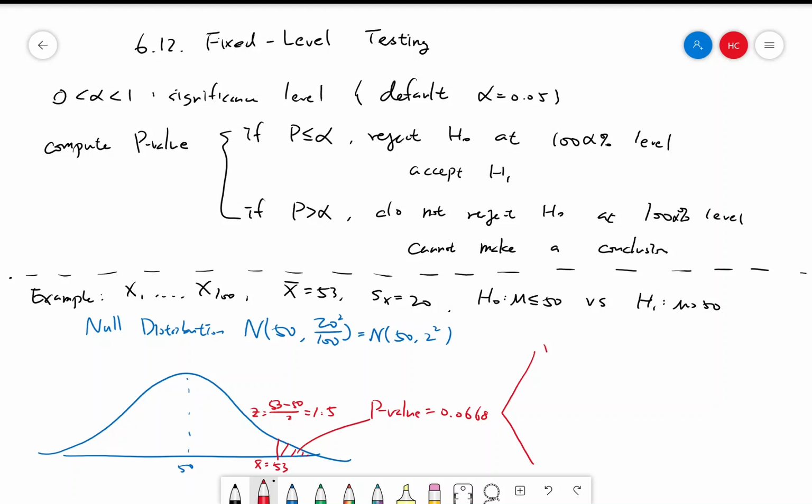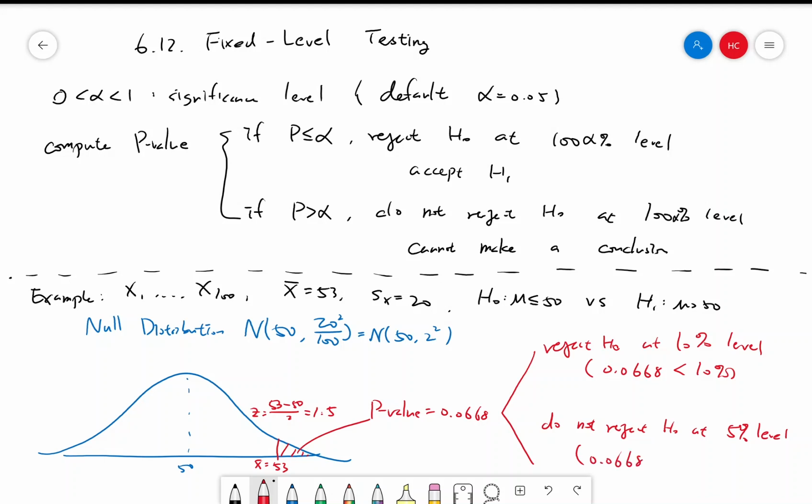We can reject h0 at 10% level because 0.0668 is less than 10%. But we cannot reject h0 at 5% level because 0.0668 is greater than 5%.